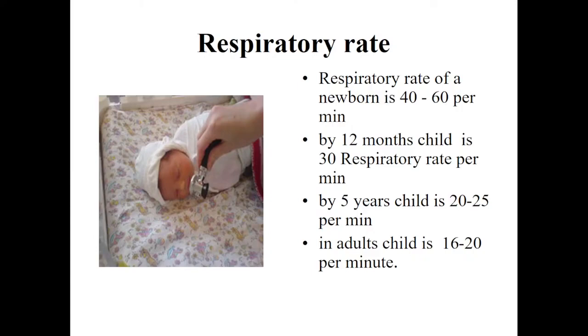At 12 months old, the child's rate is 30 per minute. At 5 years old, the rate is 20 to 25 per minute, and in an adult it is 16 to 12 per minute.